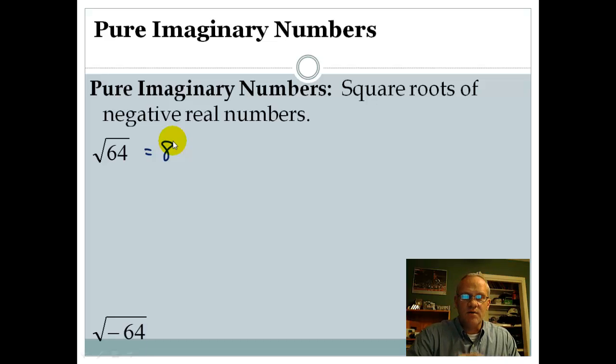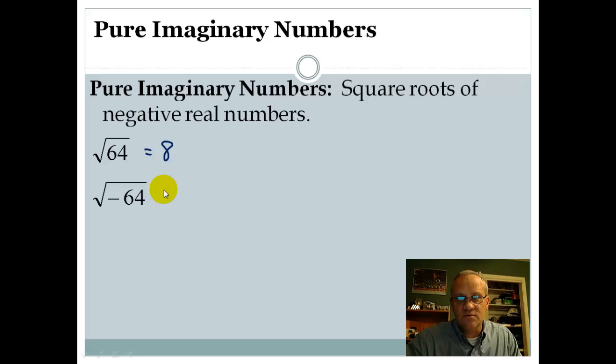Makes sense. But what happens now if you have the square root of a negative 64? Well, obviously it's not 8, because 8 times 8 is 64, as we just saw. And you think, maybe it's negative 8. Negative 8 times negative 8, oh wait a minute, that's also 64, isn't it?